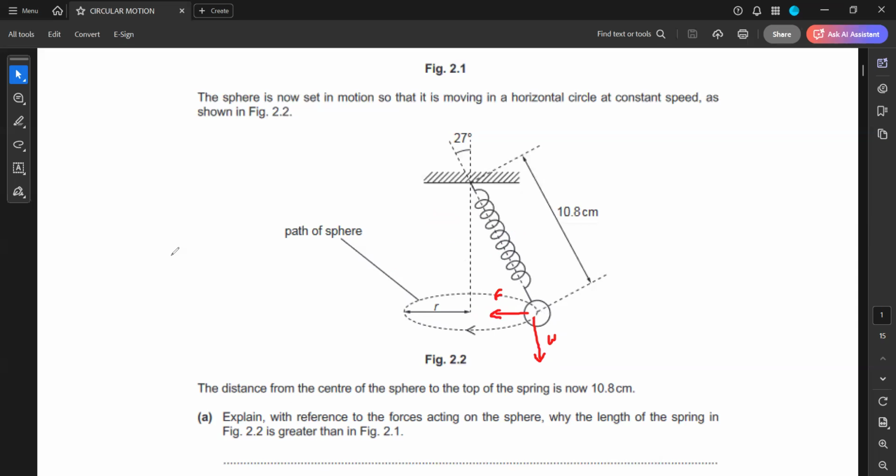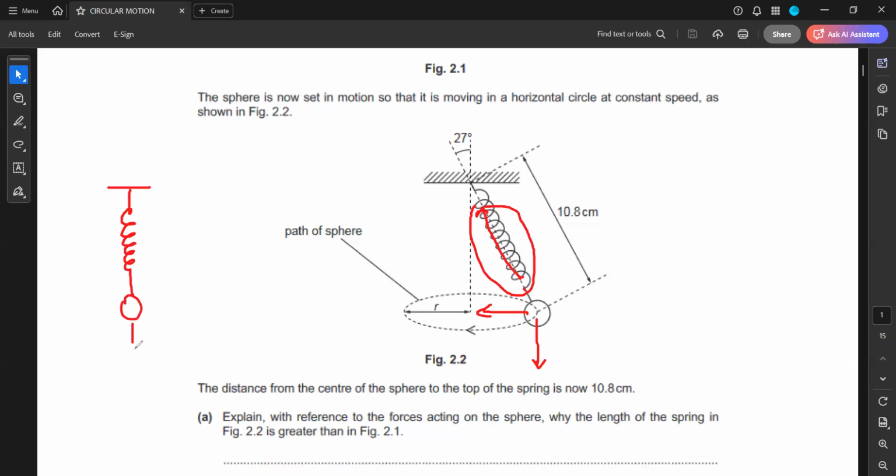The weight is acting downward, and there is a component opposite to the angle, and the resultant of these two combined together will produce a greater force on the spring as compared to when the spring was vertical.